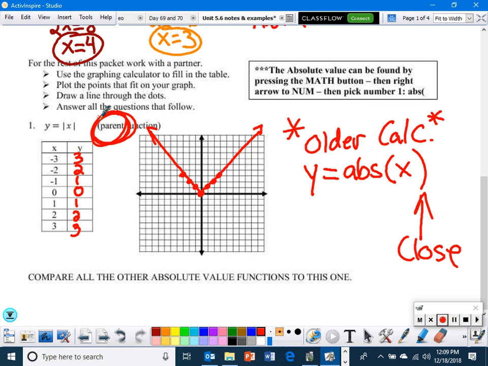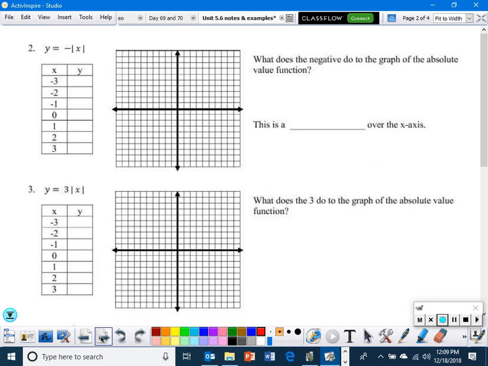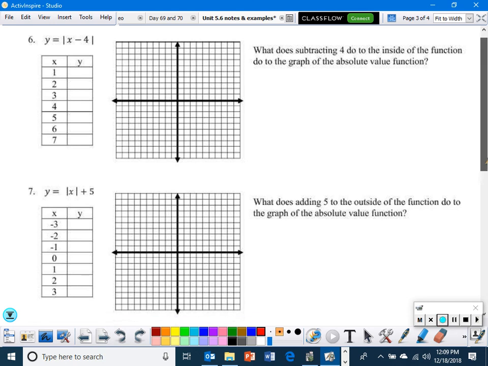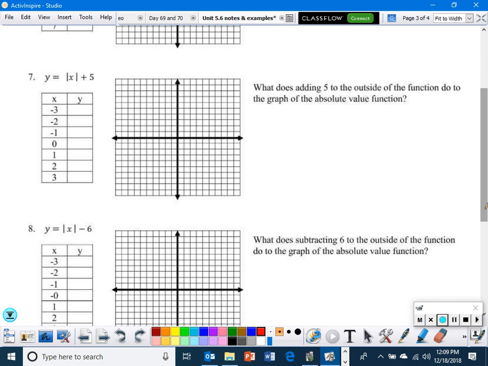All right, let's jump forward a little bit. Let's go to problem number 7.